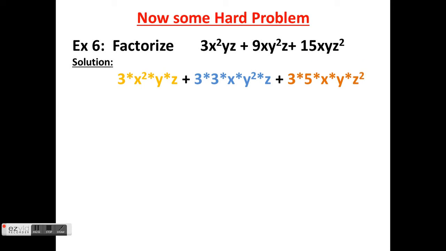First we search the numbers. Clearly 3 is common, and 1x is common, 1y is common, 1z is also common. The remaining factors we write.